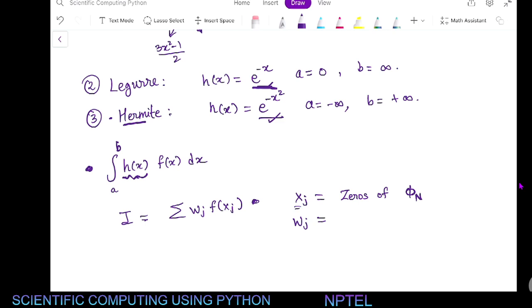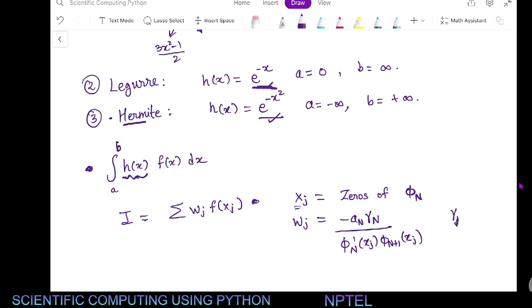And w_j is given by minus a_n over gamma n, phi n prime of x_j times phi n plus 1 of x_j. This is there in the notes, I'm just writing it for the sake of completeness. Here gamma n itself has the information of h.